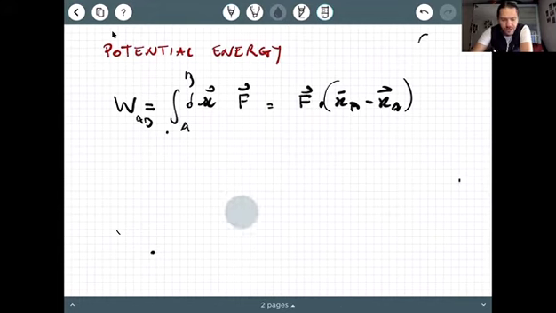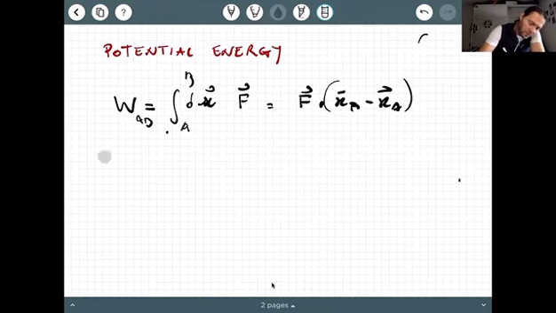So some forces are such that the work that they do does not depend on the specific path that the particle is actually going through. These particular forces are called conservative forces, as you probably remember.